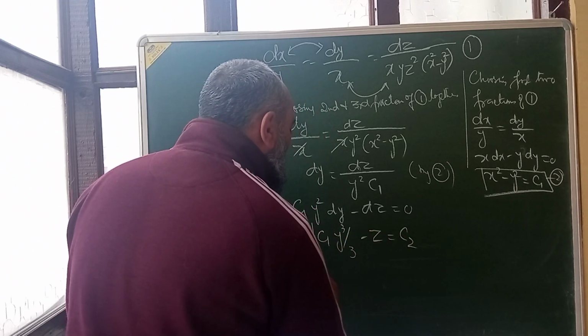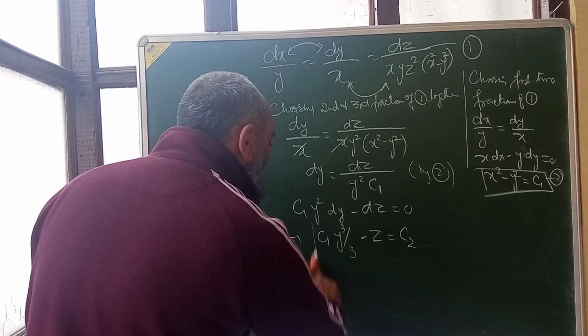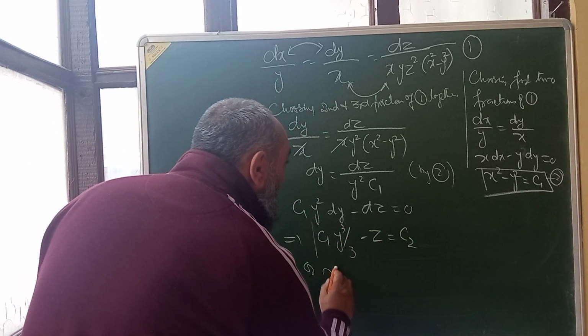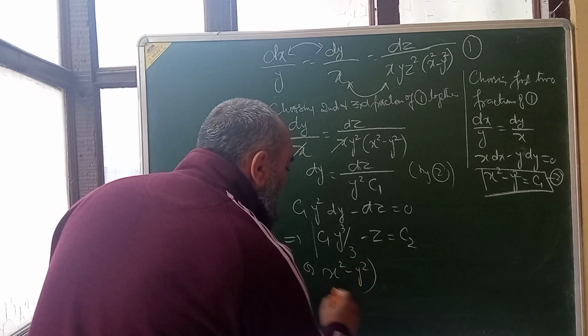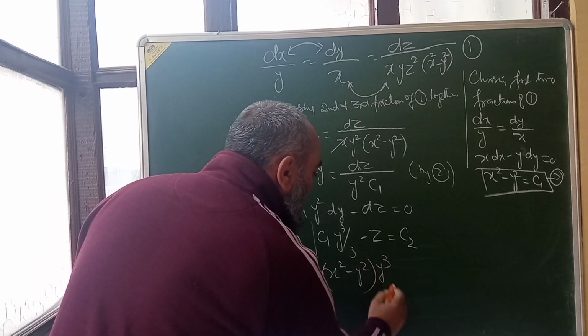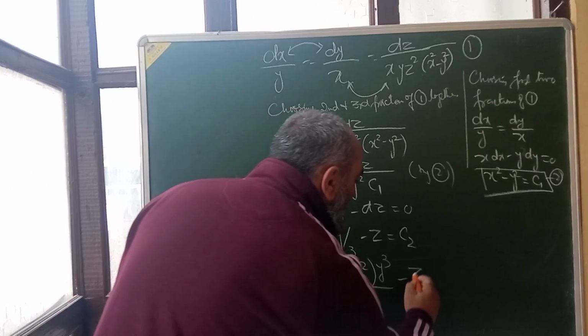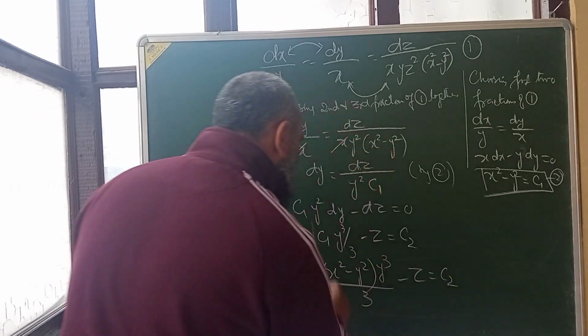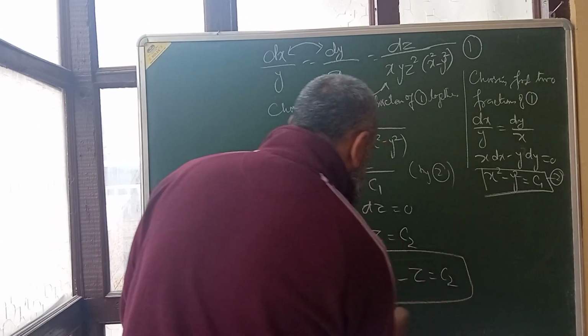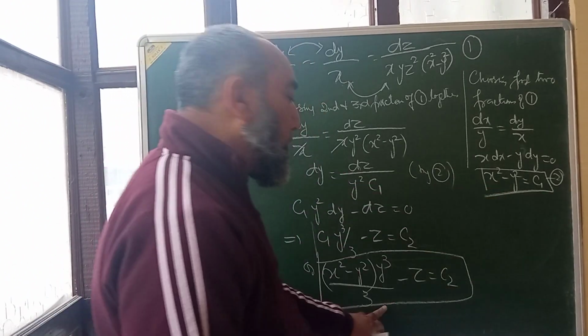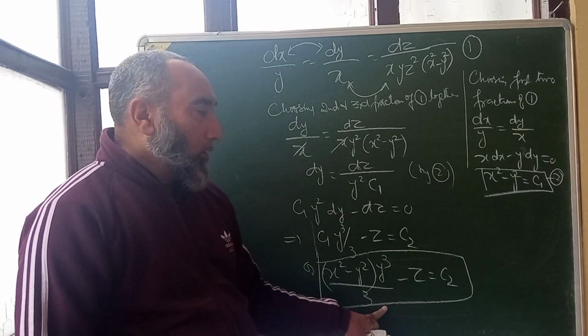What is c1? x square minus y square into y cube by 3 minus z equals c2. This is the solution. So c1 and c2 together give the complete solution.